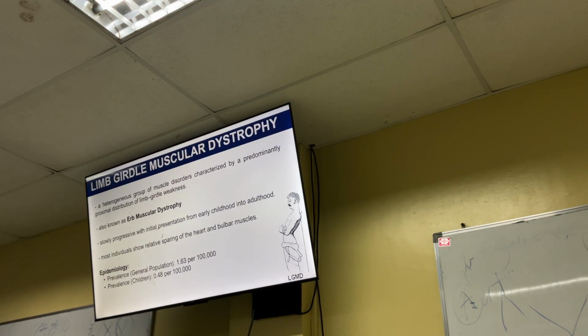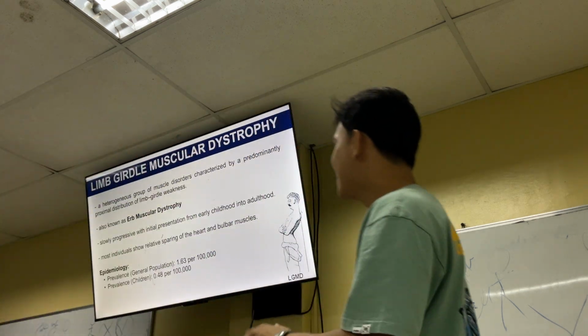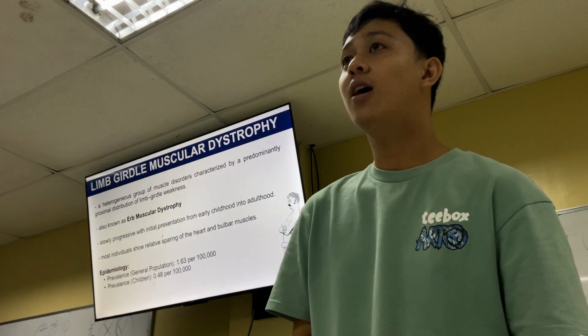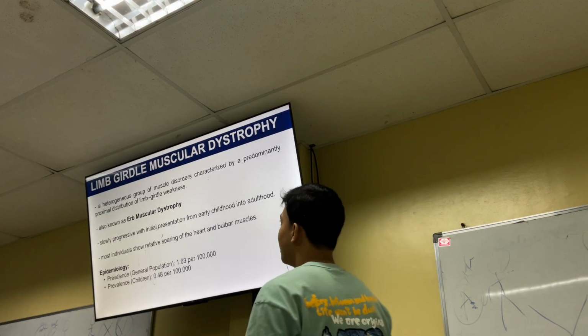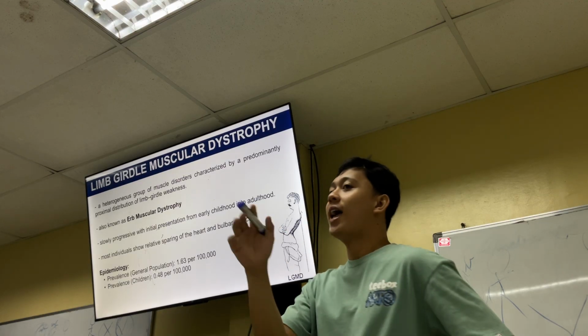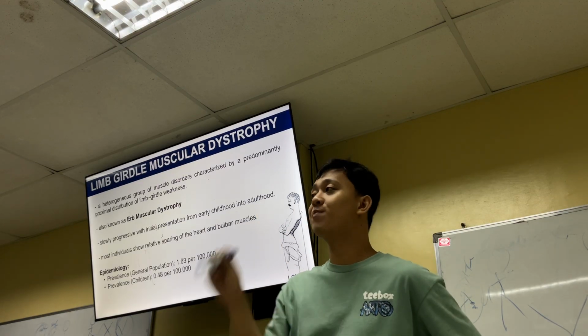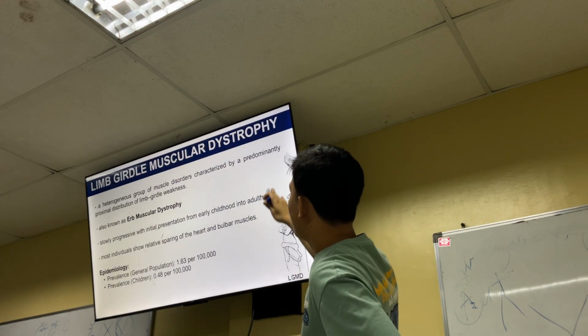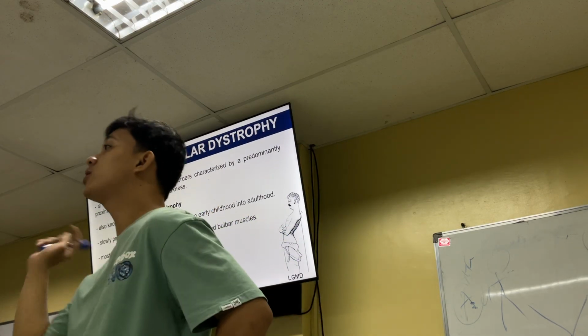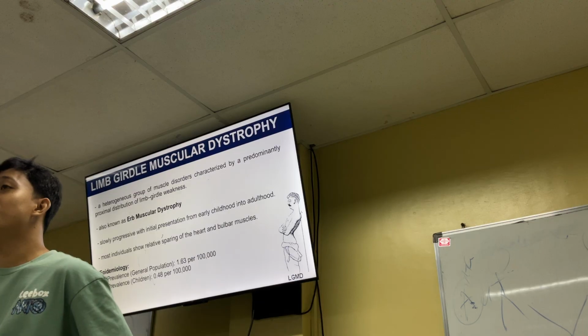Limb girdle muscular dystrophy. It has many variants. This is a heterogeneous group of muscle disorders usually characterized by predominantly proximal distribution of limb girdle weakness. Again, proximal. Who else has proximal muscle weakness?